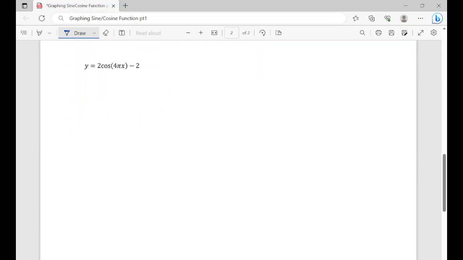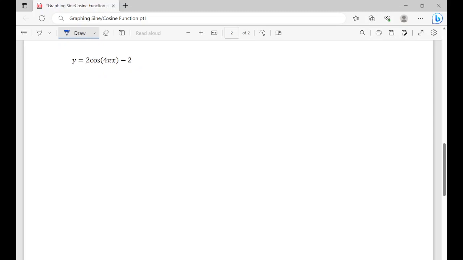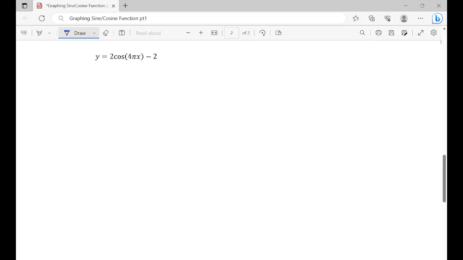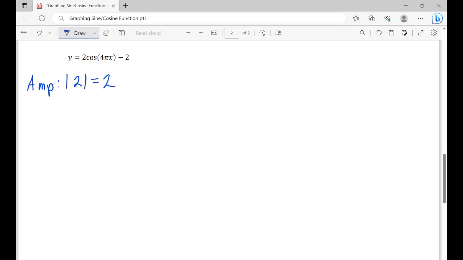So now I'm going to do it one more time for this one. This one is shifted, so this one's going to have a slightly different setup, but still we're going to follow the same pattern. So again, amplitude is going to be the absolute value of the number in front of cosine, so the absolute value of 2, which is 2.